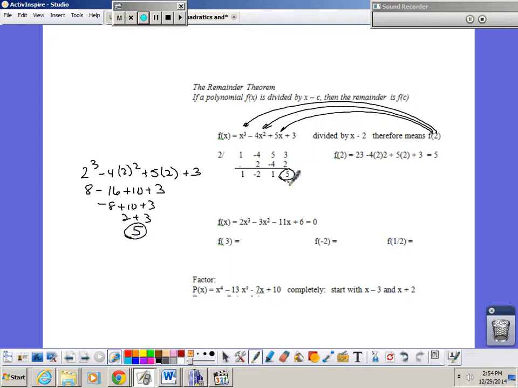Notice what your remainder was. 5. The remainder theorem says that instead of plugging the number in for x, if you do a synthetic division, whatever your remainder is, that is your answer.